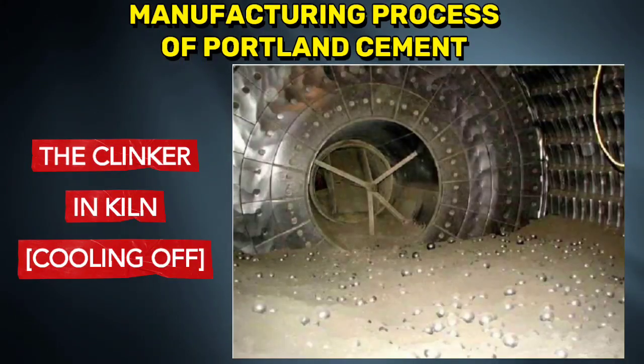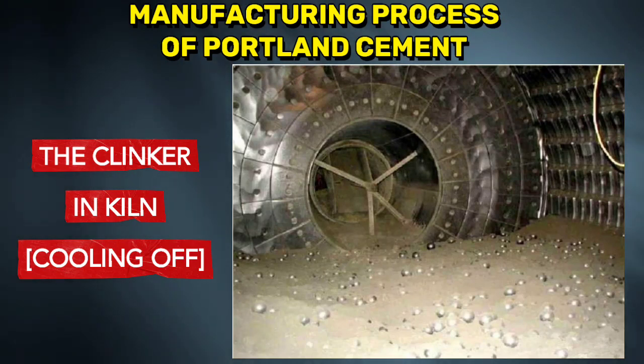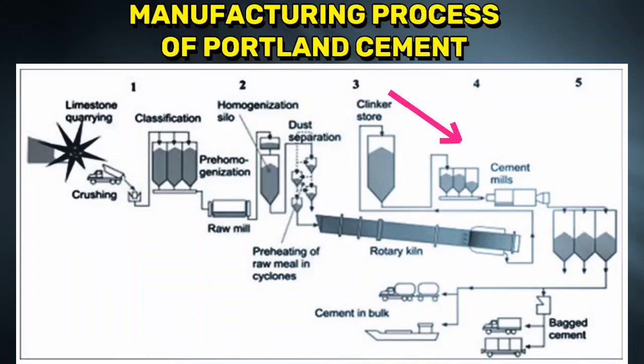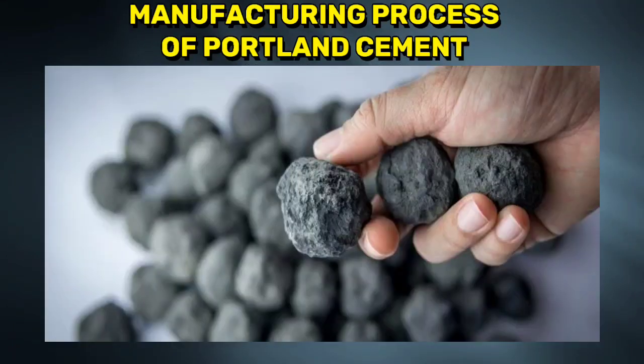Now, if you look at this picture, you'll see what the clinker looks like, the final product. So it is in step 4. You could see here the cement mill, with the clinker that has now been formed. Of course, it behaves like cement, but it is in a particular form. It is nodular and somewhat circular.